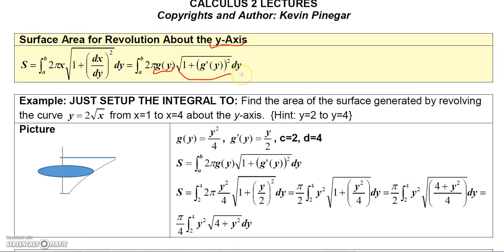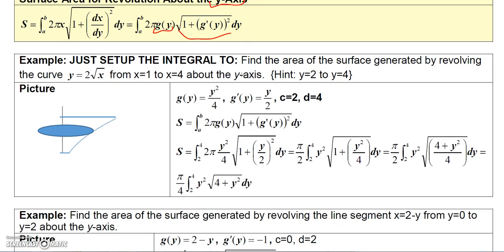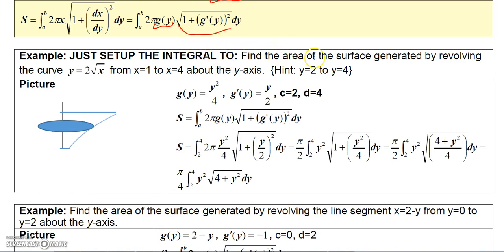So let's look at an example. It says find the area of the surface generated by revolving the curve y equals the square root of x, so that's the same curve, from x equals 1 to x equals 4. Now, I said x equals 1 to x equals 4 here, but let me explain that, because we can get the y values from that.